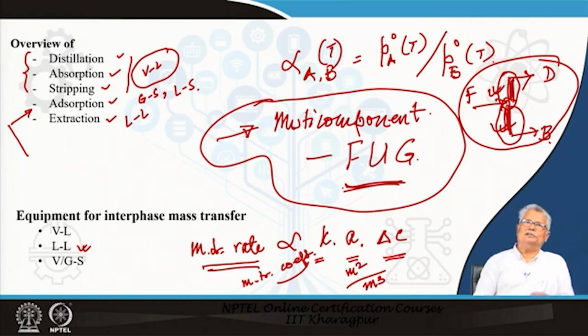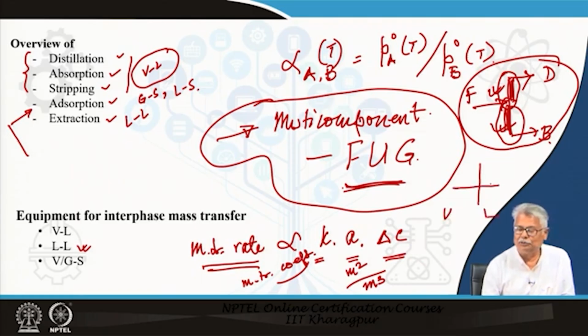Now, there is one more thing which is also required in this case. We are talking about the interphase mass transfer. Say this side is vapor and this side is liquid, and the transfer is from the vapor to the liquid, the component whose transfer I am talking about. Now, there is some resistance on this side and there is some resistance at the other side also. That means these two resistances are in series to the mass transfer flux.